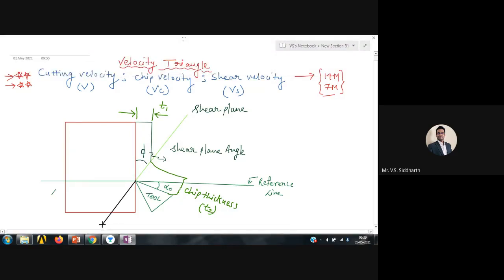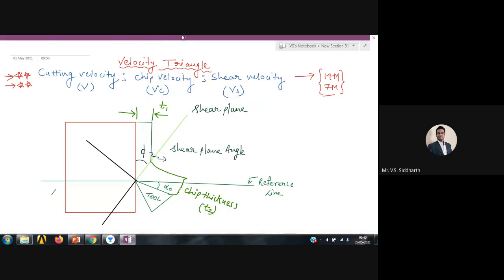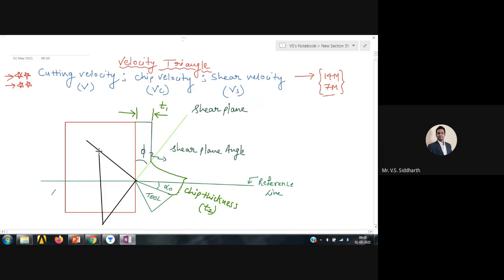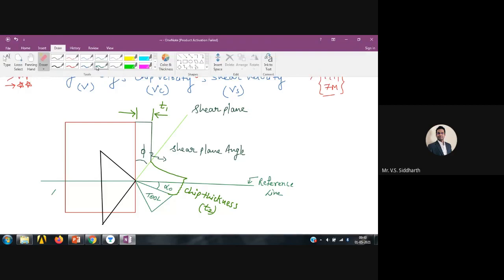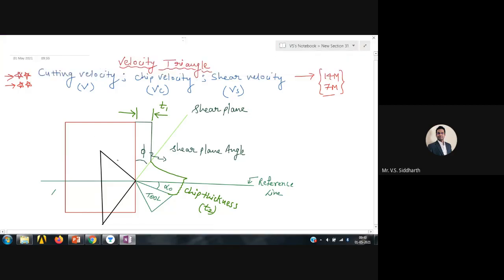Now, if I reproduce this line backwards, and I reproduce this line in this direction, and if I join this like this, now I am calling this one VC.